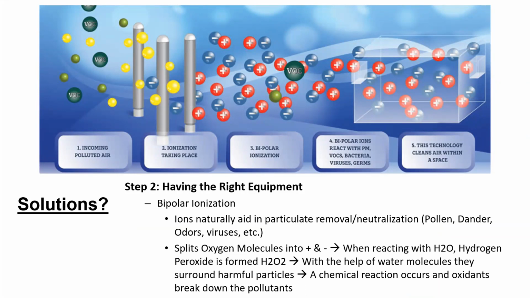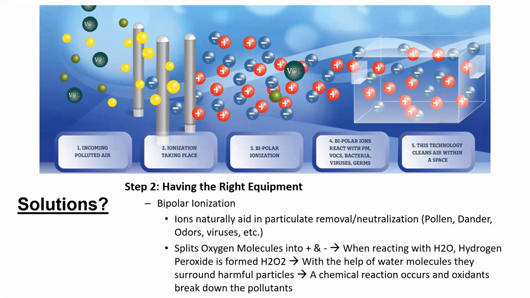One of the equipment used a lot recently, in the last year, was bipolar ionization. We had an ASHRAE meeting about a month ago where they talked about this. It's a popular equipment people are using right now to control viruses and bacteria. Ions naturally aid in particulate removal.